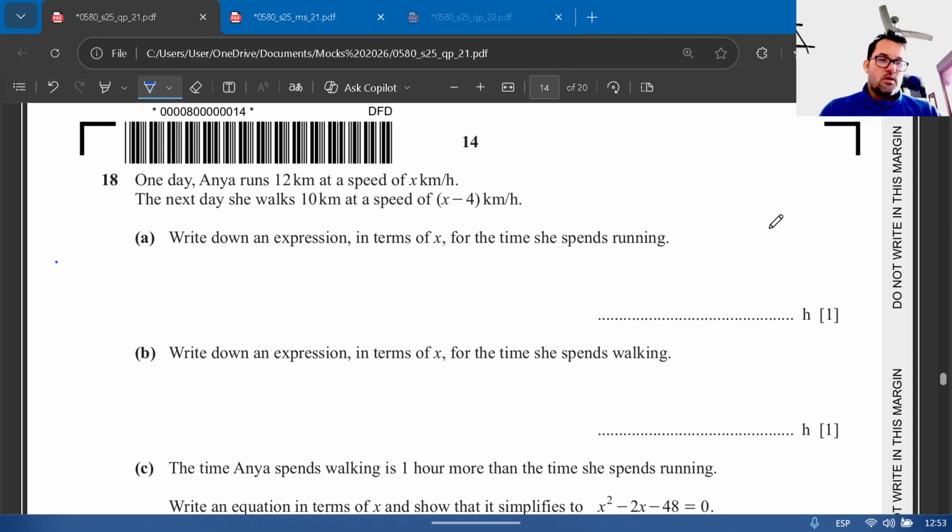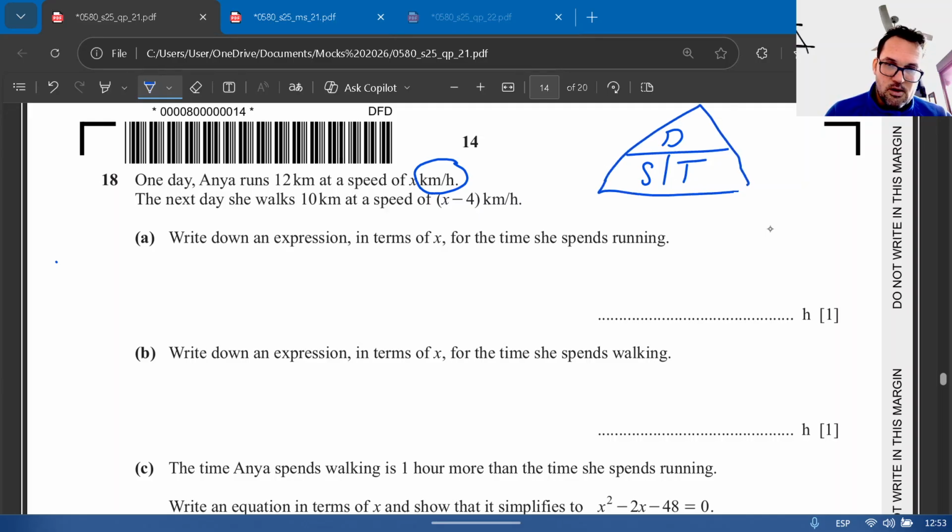Let's start with speed, distance, time. There is the formula. Speed is distance, kilometers, divided by time, hours. If you ever forget it, it's in the units. Kilometers per hour is distance divided by time. And we want to know the time. So if we want to know the time, we need to do distance divided by speed.